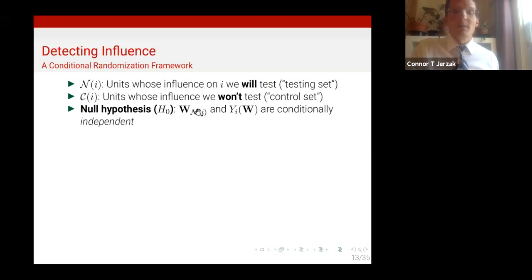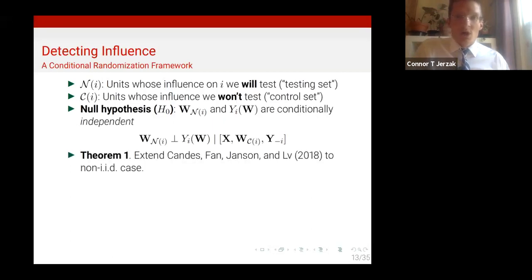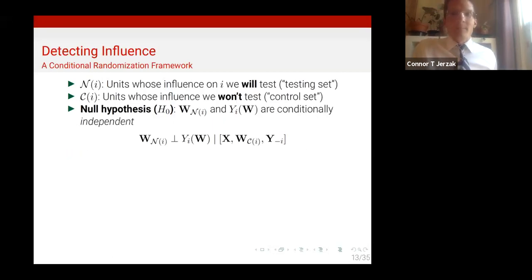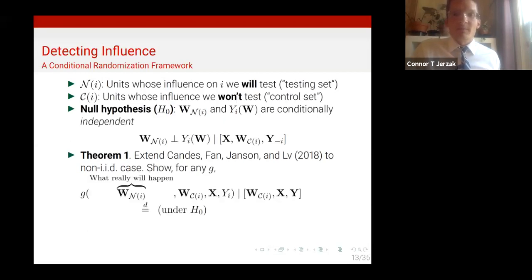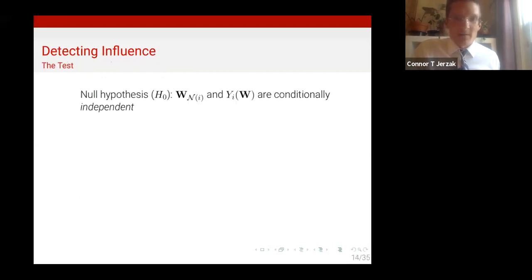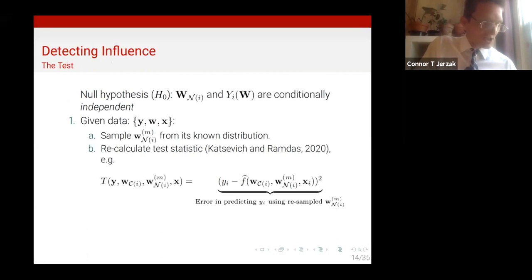So is this a sharp null? Let's go to the test here, maybe that will help clarify things. In the sharp null approach, we wouldn't resample this part of the treatment vector from its known distribution.